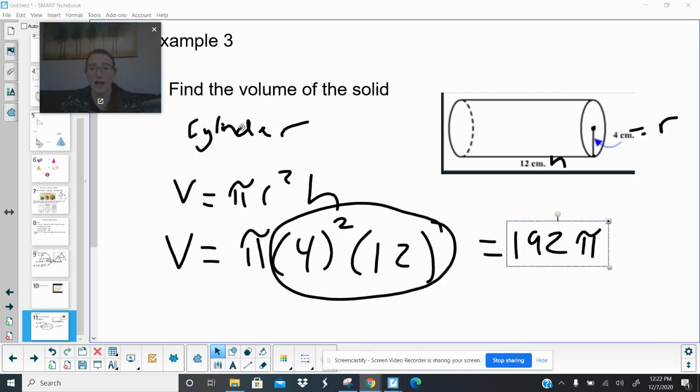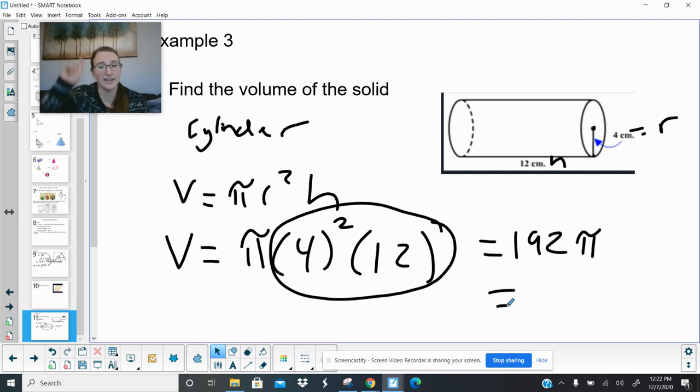There are some times where that's how you would leave the answer. We call this in terms of pi because pi is still in your answer. But do you remember what number pi actually is? 3.14159, it goes on forever, right? It's also a button on your calculator. So if I go 192 pi, this is actually 192 times about 3.14.